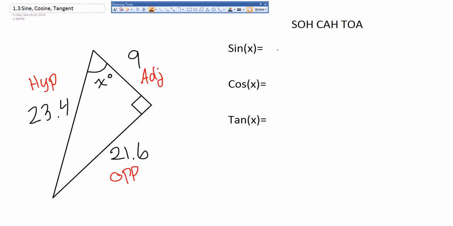So sine takes a look at opposite and hypotenuse. Our opposite is 21.6, and our hypotenuse is 23.4, so over 23.4. Now let's take a look at what cos is going to give us. Cos is adjacent over hypotenuse, so that's 9 over 23.4, and our tangent is 21.6 over 9.